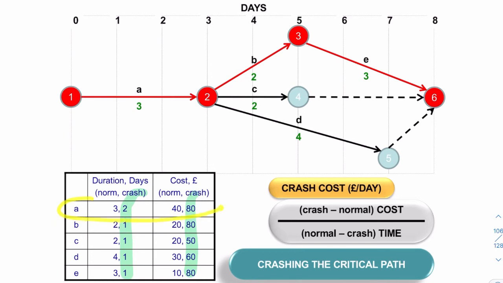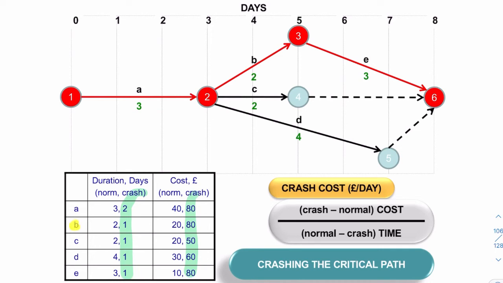If we look at the first row there, activity A normally takes 3 days, and it normally costs £40. But it can be done in 2 days, but that would cost £80, so that means an extra £40.